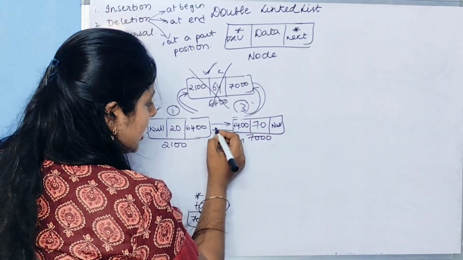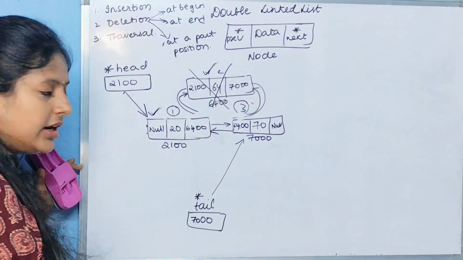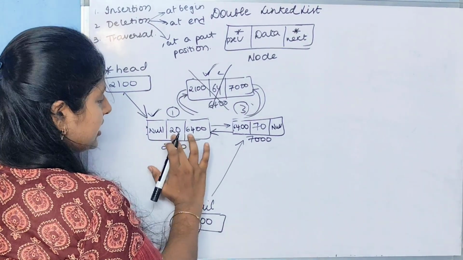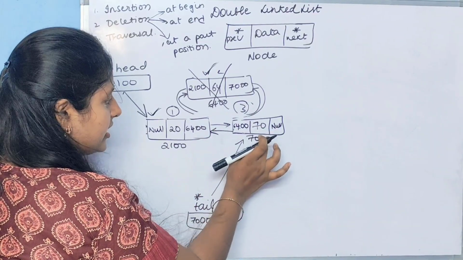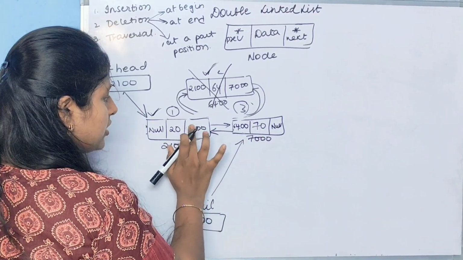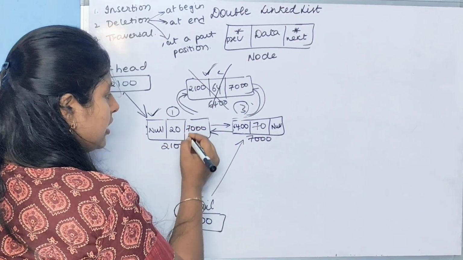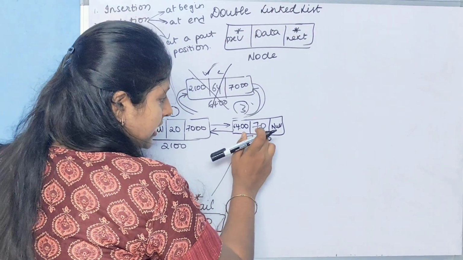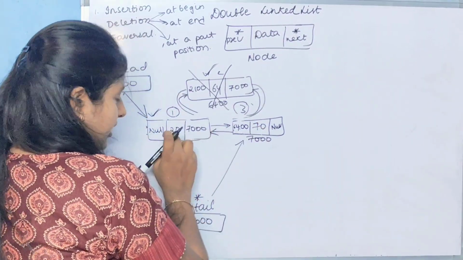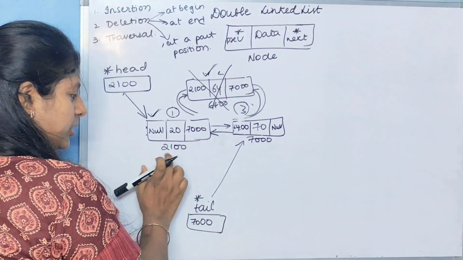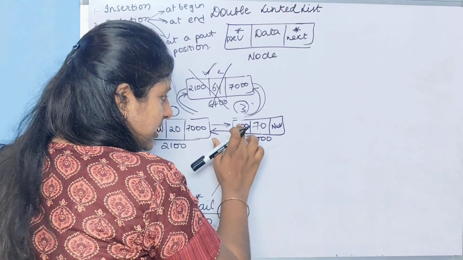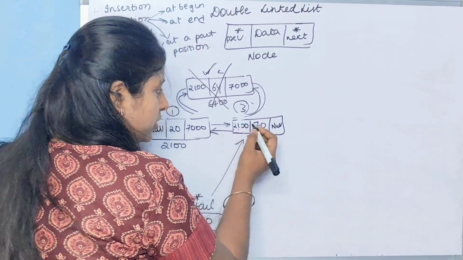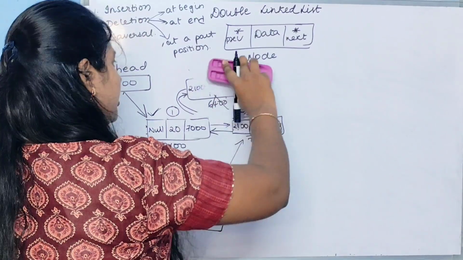So these things are again connected, right? Now what is the next element to 20? It is 70. What is the address of 70? It's 7000. So 7000 is stored over here. Okay. Now is there any element before 70? Yes, 20 is there. So what is the address of 20? 2100. So in the previous address of 70, I have to write 2100. So this element got deleted.